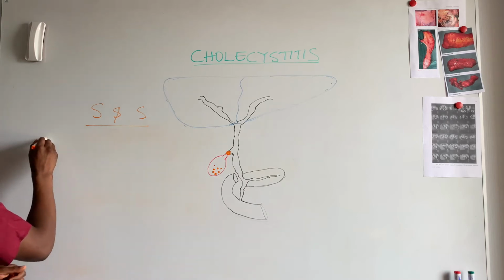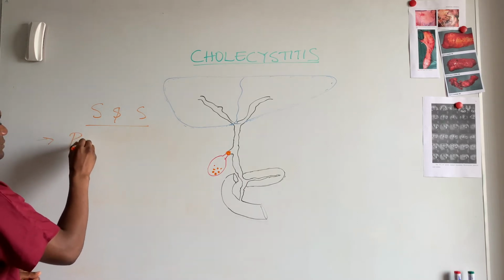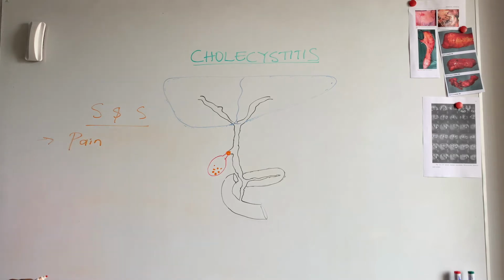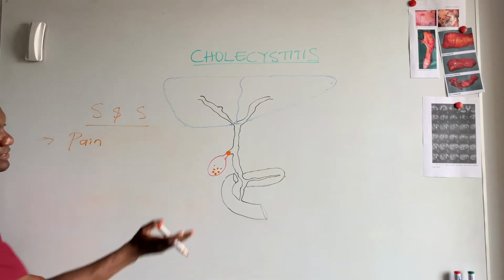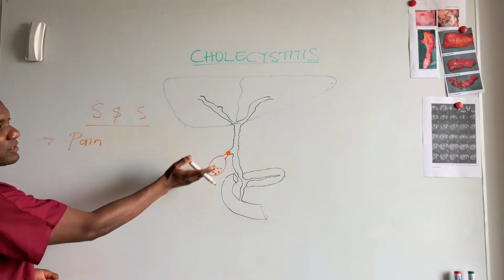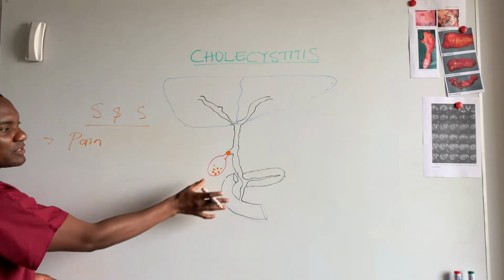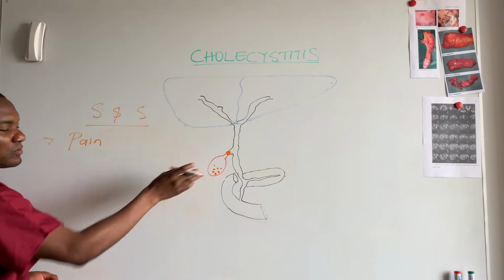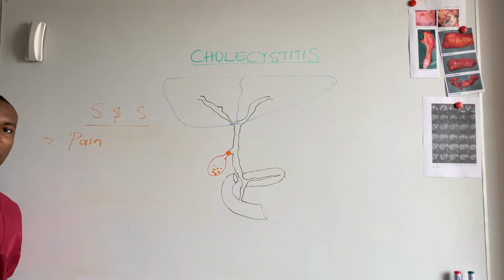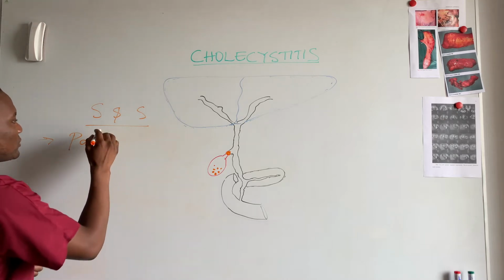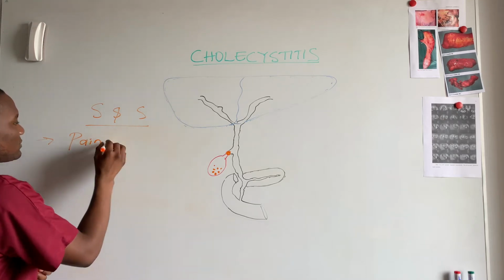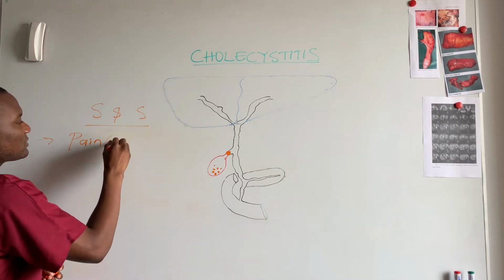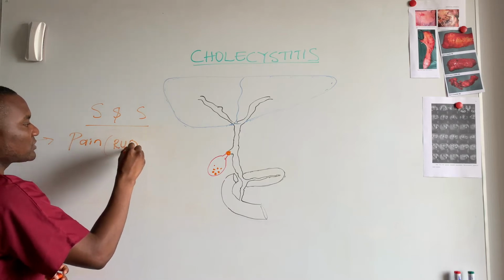It will be pain. And where will this pain be localized? If you understand your topographic anatomy, where the liver and the biliary tree and the gallbladder are located, it is the right upper quadrant. So we'll put right upper quadrant pain.